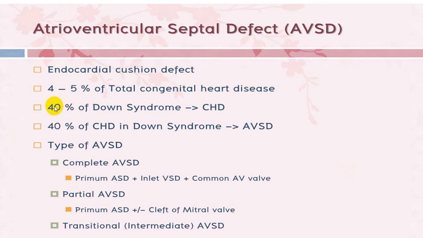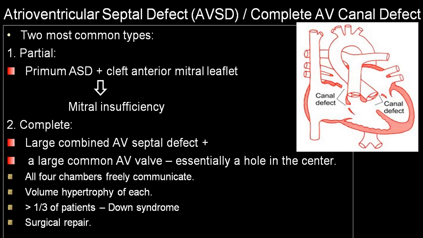Almost 40% of the time Down syndrome is a cause of atrioventricular septal defects. In a complete atrioventricular septal defect, you will have a septum primum defect with mitral valve defects and VSD. All three things will be together, and it is very common in Down syndrome.